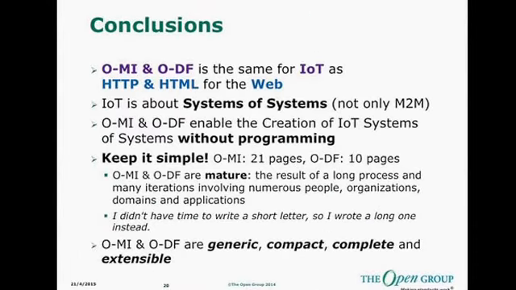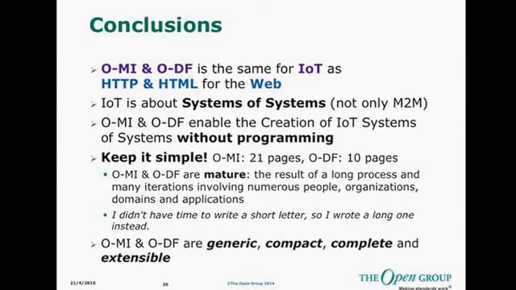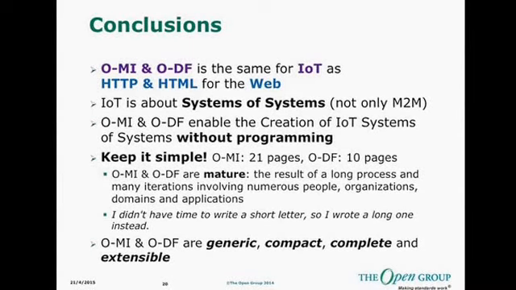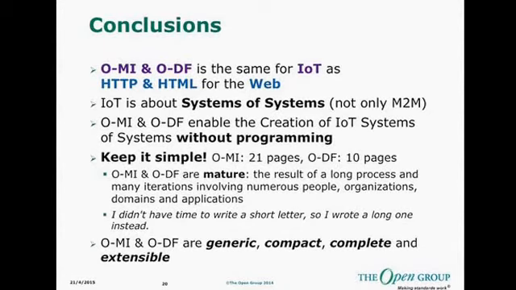So the conclusions. Well, in the best case, we think that OMI and ODF will do the same thing for the Internet of Things as HTTP and HTML for the web, meaning that they would be sufficiently generic and good to be usable for anybody for publishing information, and that there wouldn't be tens of different standards used by different organizations, servers, companies.